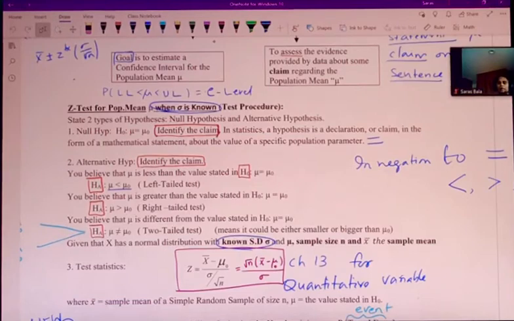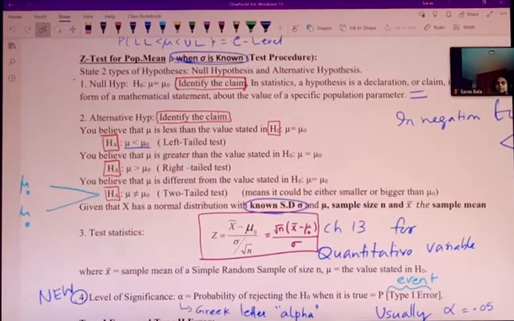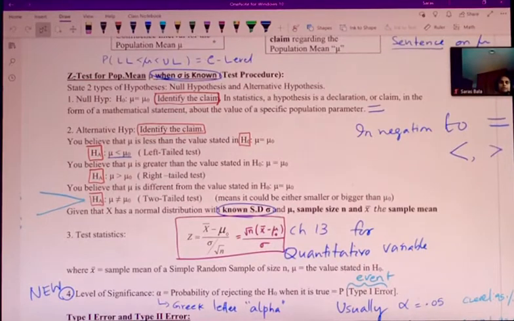In Math 130 level, we always keep our null hypothesis as mu equal to mu sub 0. That's always going to be equal to the number coming from the population. Against the null hypothesis, in negation to it, we are going to deal with three signs.